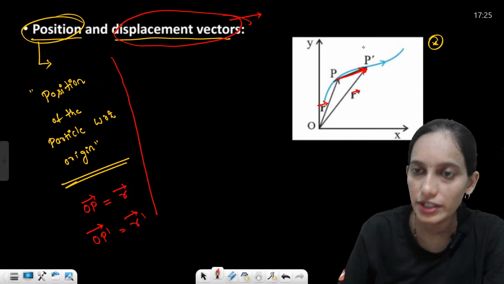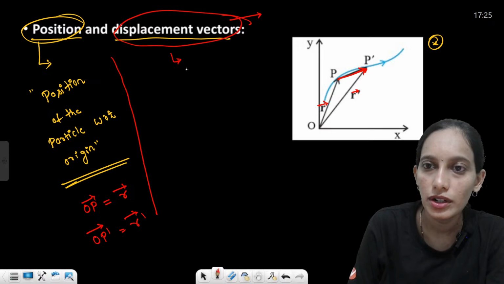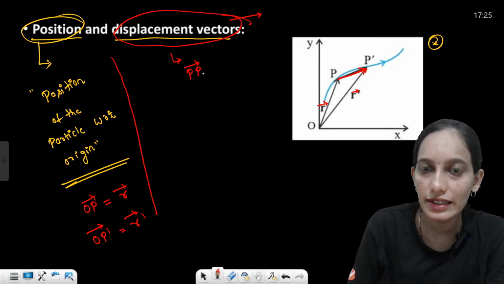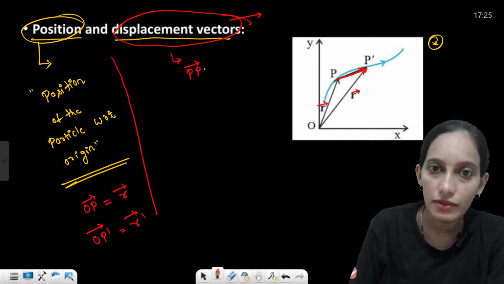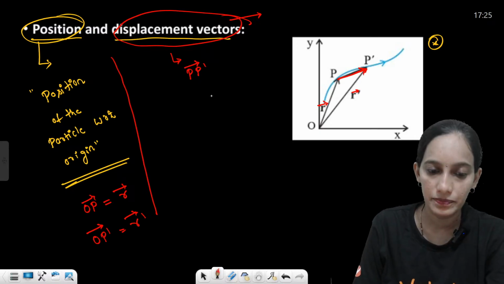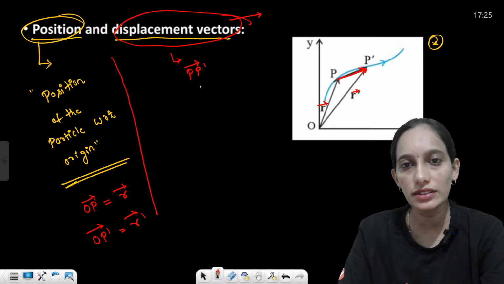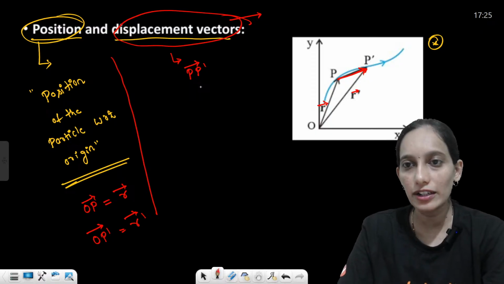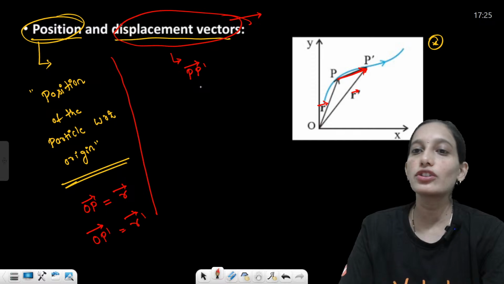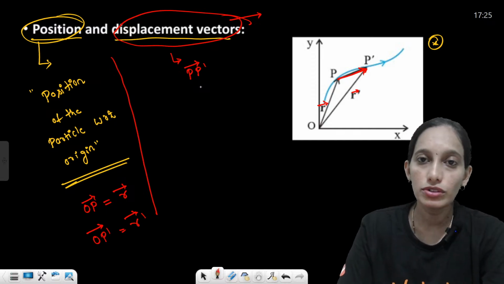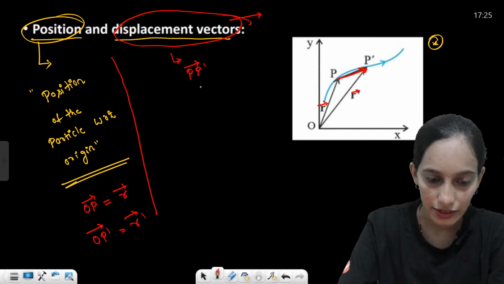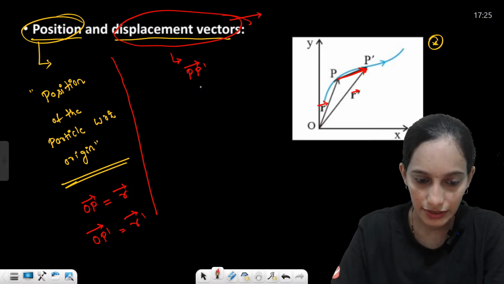So this is our displacement vector. So P to P dash, the line segment, that is our displacement vector. Okay, yeah. So as you said, it is the shortest distance between the initial and final position along the direction of the motion. Okay, so that is going to give us the displacement vector. Okay, yes Chetan, very good.